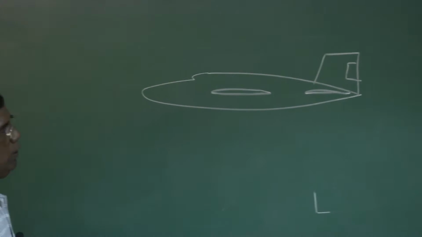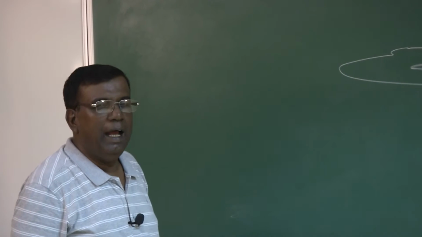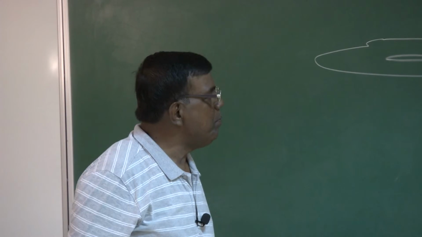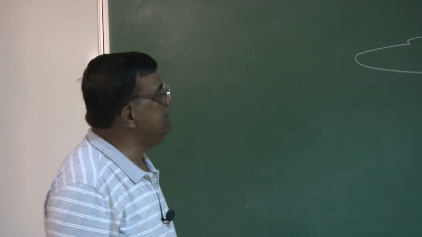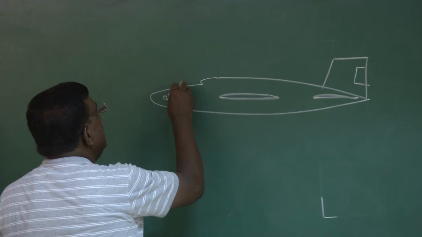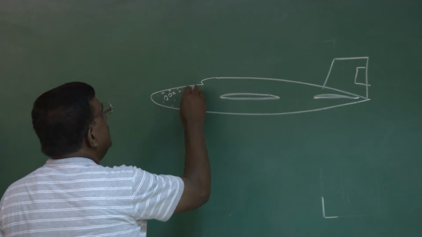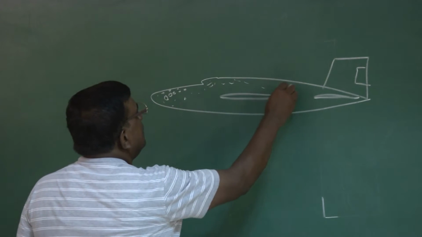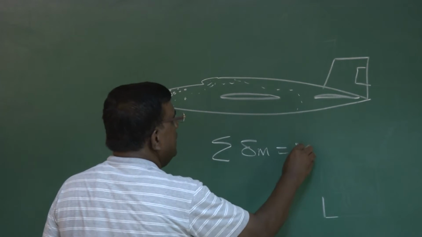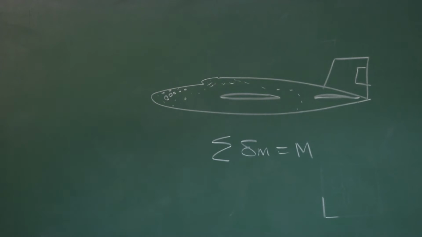The moment I write F equal to ma, I am biased with an understanding that the mass is a concentrated mass. But when I see an aircraft, I see it is composed of so many delta m. So summation of delta m is actually the mass of the whole airplane.